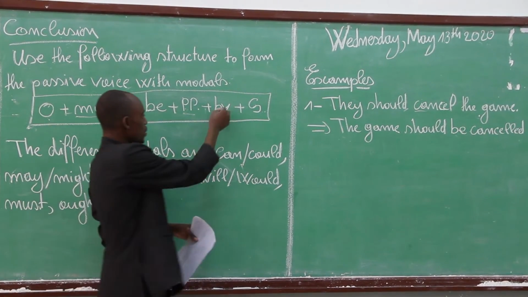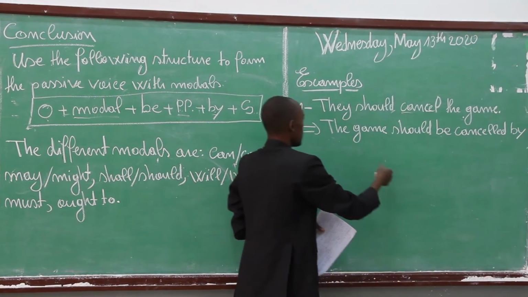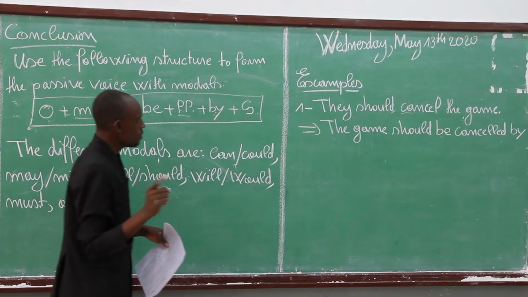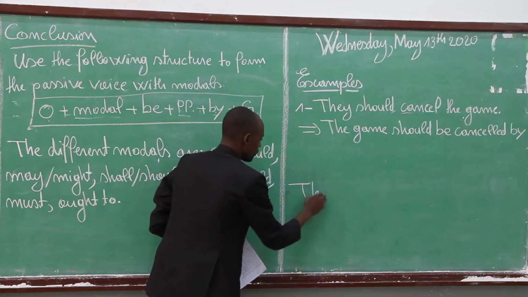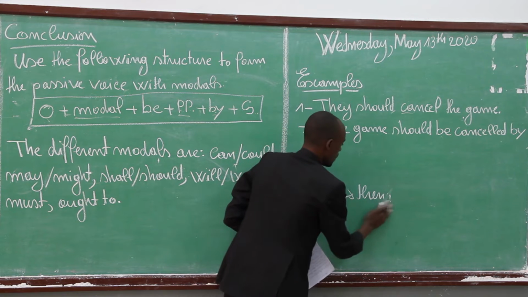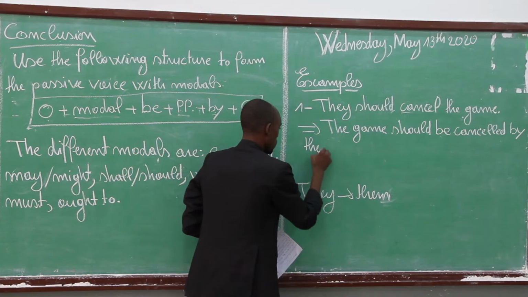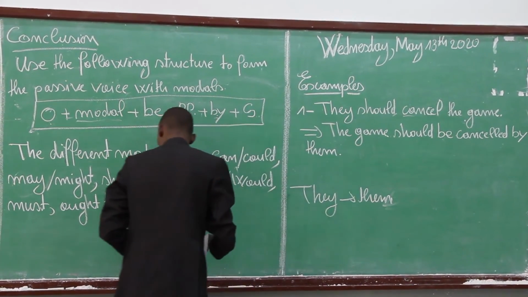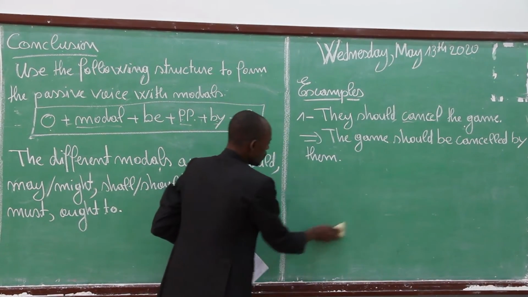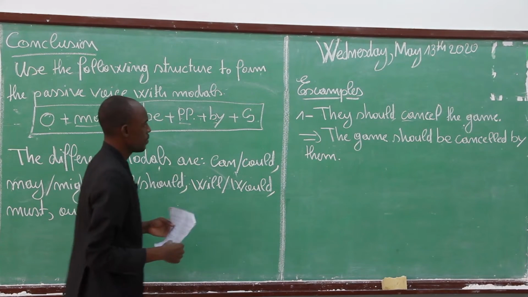PP, past participle, followed by by, and we take the subject. The subject is they. In passive voice, they becomes them. Here we are: by them. Now, what can we say about active voice and passive voice?